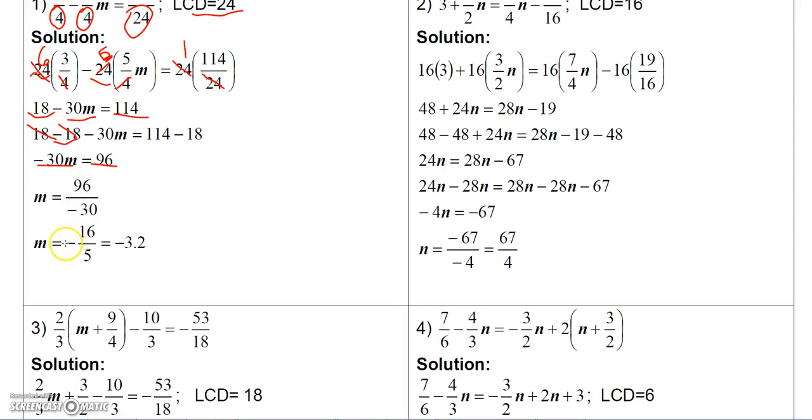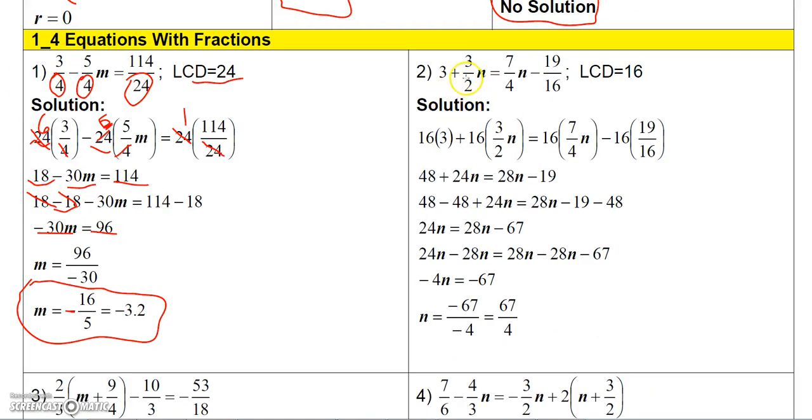If you reduce that, it's a negative fraction, and you can divide 6 into 96 and 6 into 30. 6 goes into 96 16 times, 6 goes into 30 5 times, so the answer is m equals negative 16/5, or I also wrote it as a decimal for you as well.